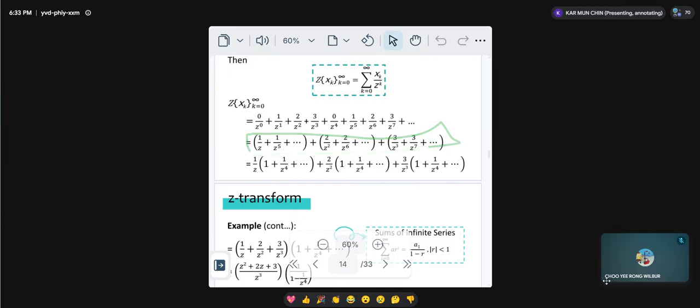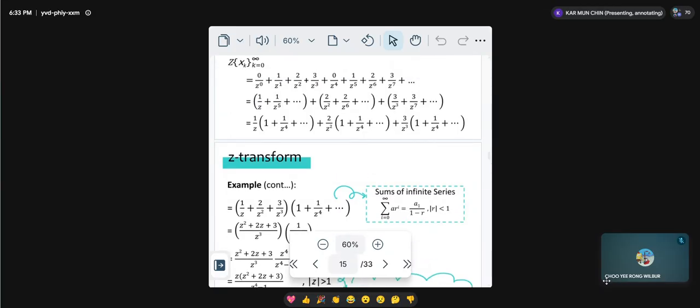Then after you group them, you can factorize it. If you factorize it, this is what you get. So bring out 1 over z, you bring out 2 over z squared, you bring out 3 over z cubed.